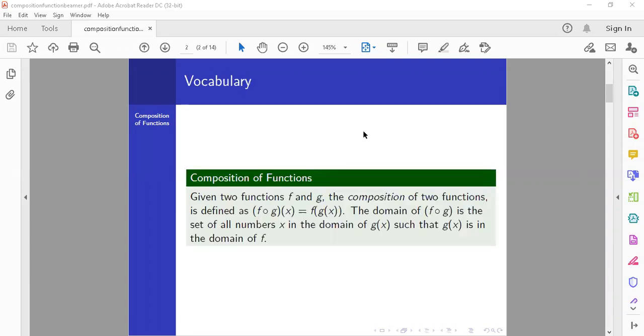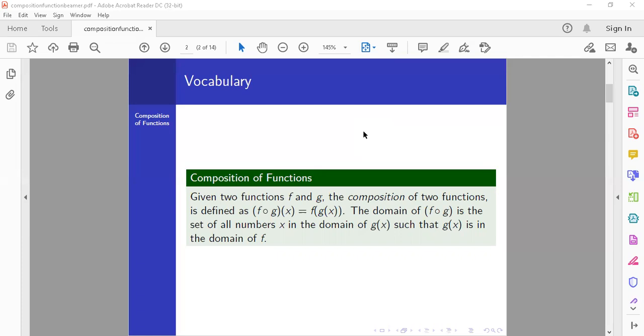Now, given two functions, f and g, the composition of two functions is defined as f open circle g of x, which can be rewritten as f of g of x. The domain of f composed with g is the set of all numbers x in the domain of g, such that g of x is in the domain of f.